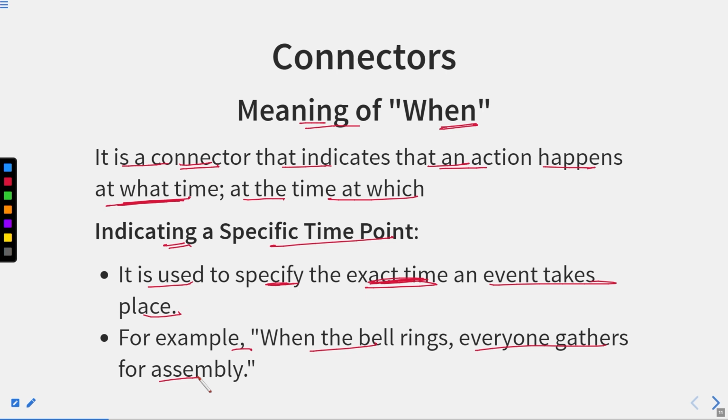When the bell rang, everyone gathered in the ground for recess, everyone started lunch, everyone went home after the school was over. That was dependent on the bell ringing. In the assembly as well, when we heard that bell, we gathered in the ground. Here you can see that this shows the specification of a time: the students knew that whenever the bell rings, they have to gather in the ground for assembly.